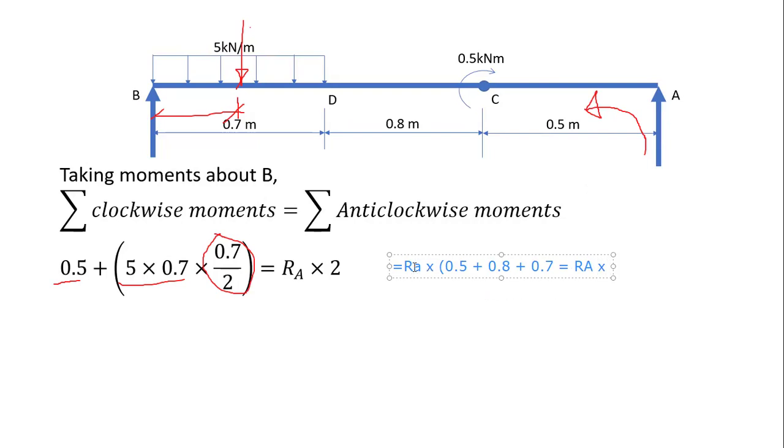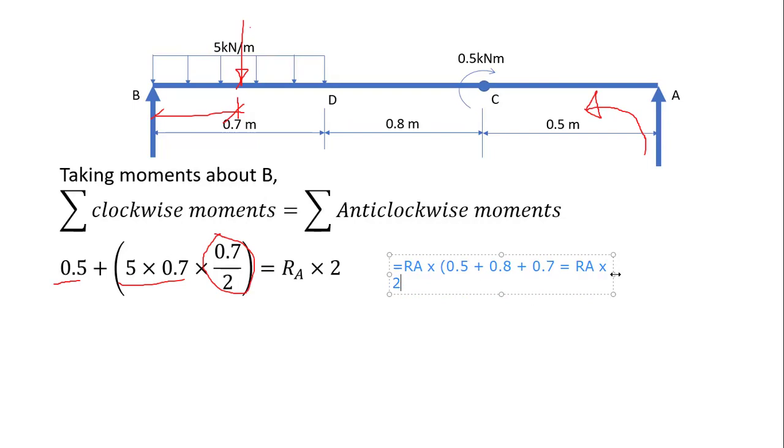When you do that, you notice that it will be RA times, in fact, we're still saying the same thing, it's the same A. RA, or reaction at A, multiplied by this added together: 0.7 plus 0.5 gives us 1.5, 1.5 plus 0.5, the total answer is 2.